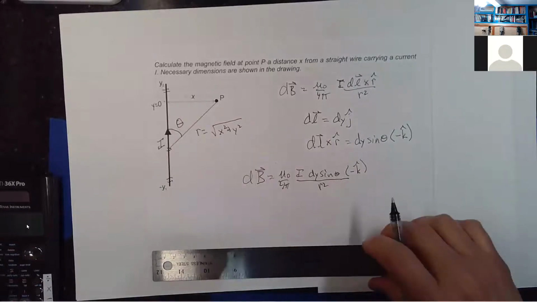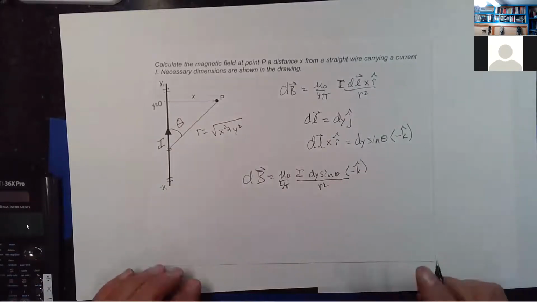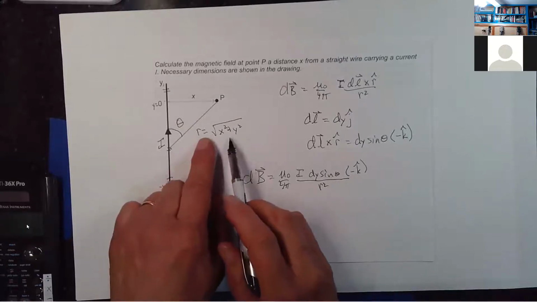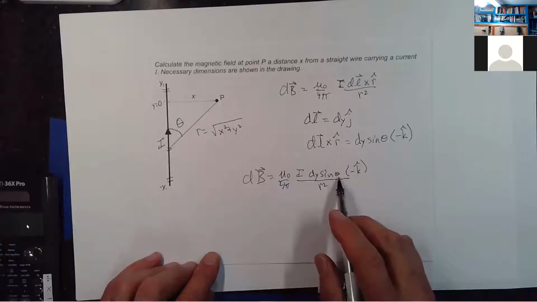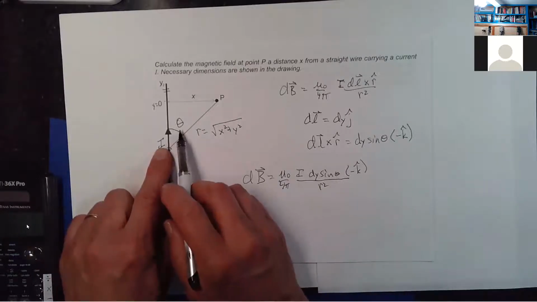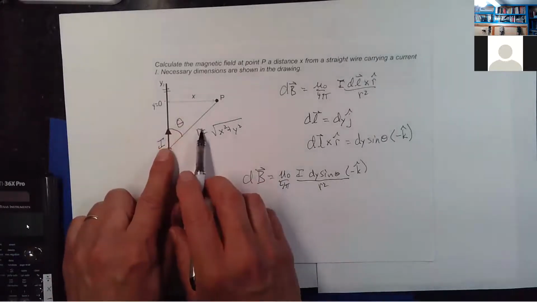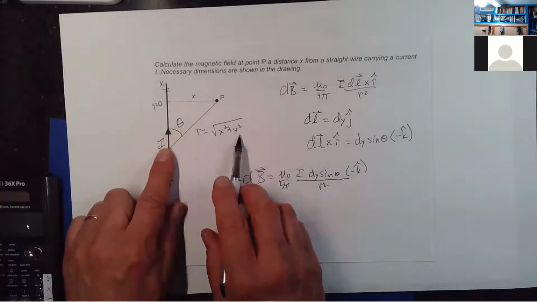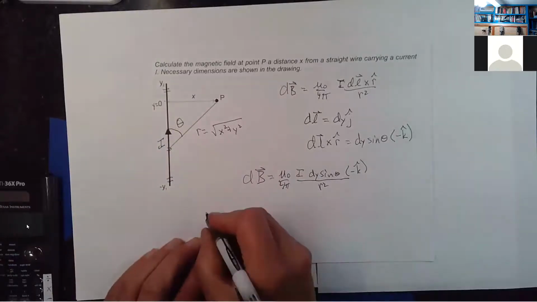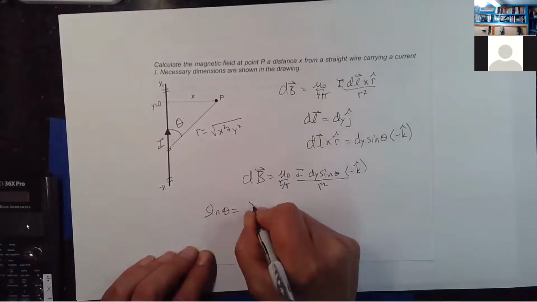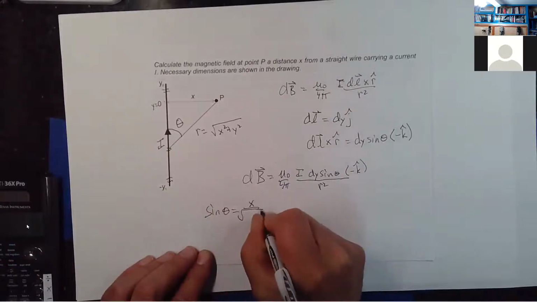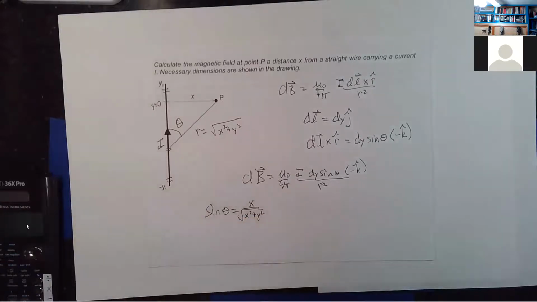So let's do a little bit of work and see what we can do with this. We know what r is: it's equal to the square root of x squared plus y squared. The sine of theta is going to be x divided by the square root of x squared plus y squared. Now, will it also equal that?